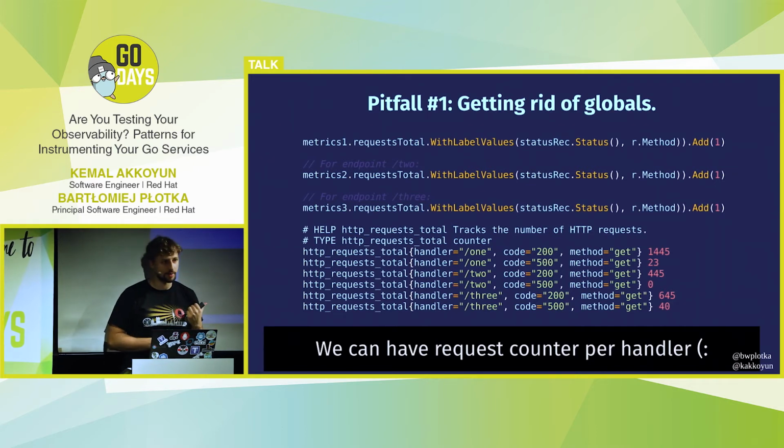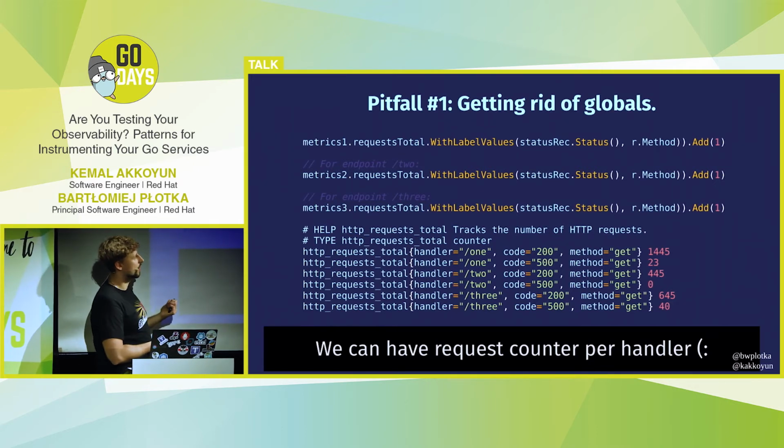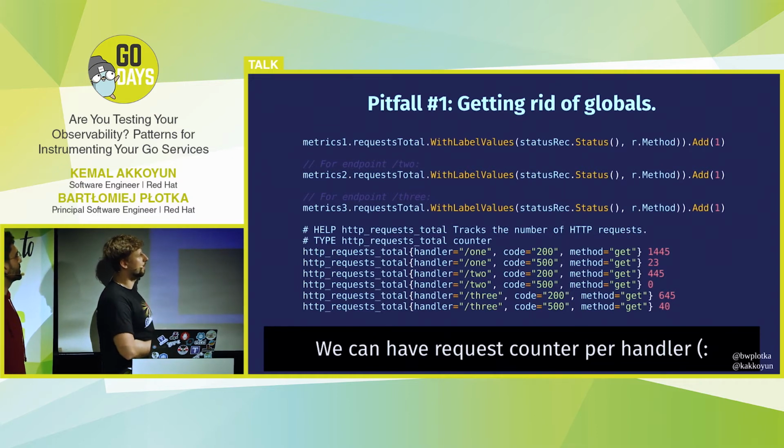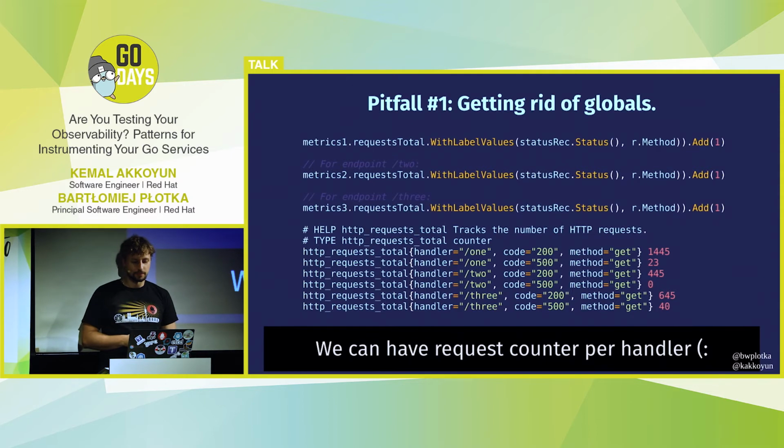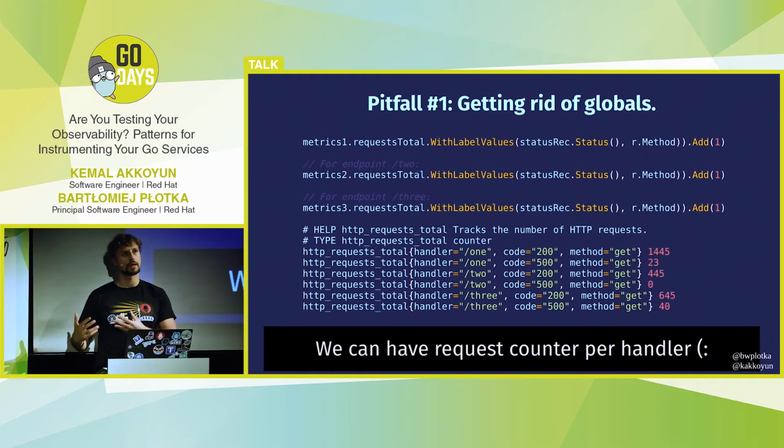So I can finally answer my question: what was the error rate for the /3 endpoint? And yeah, it was 40 errors so far. So this is how you should, in our opinion, instrument the metrics. You should allow all the libraries and all the structs that are using metrics.